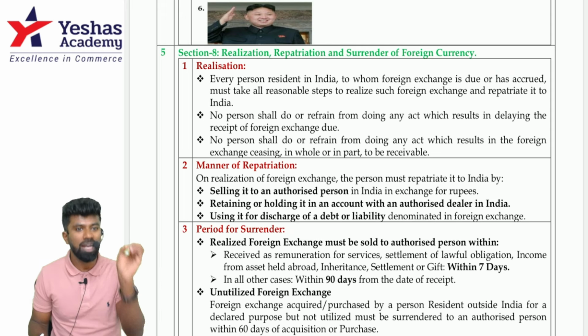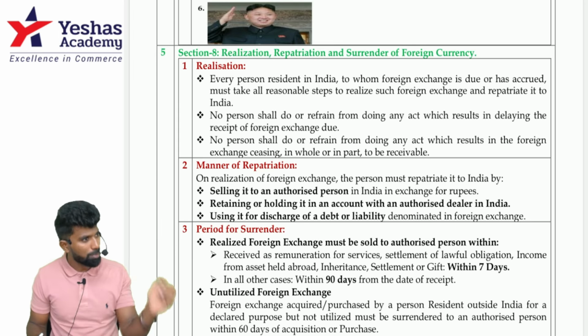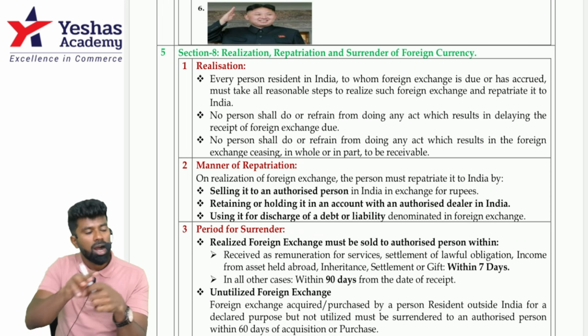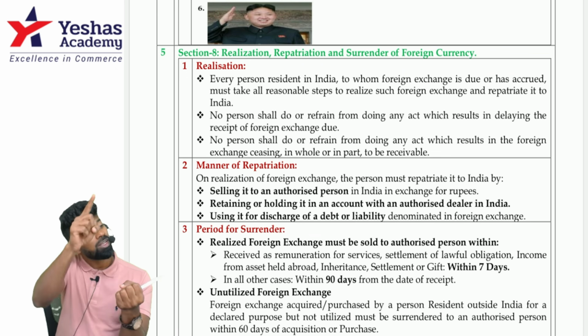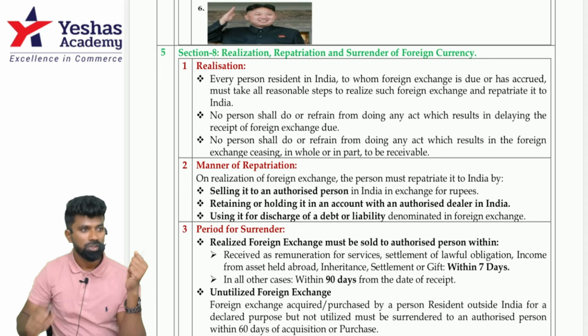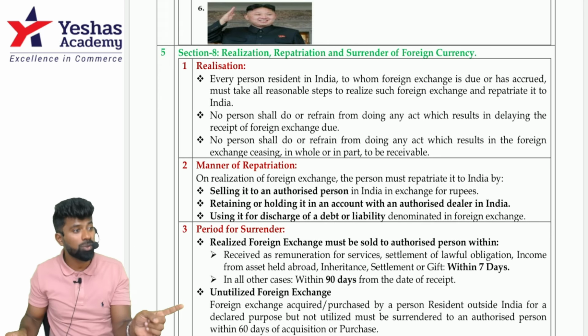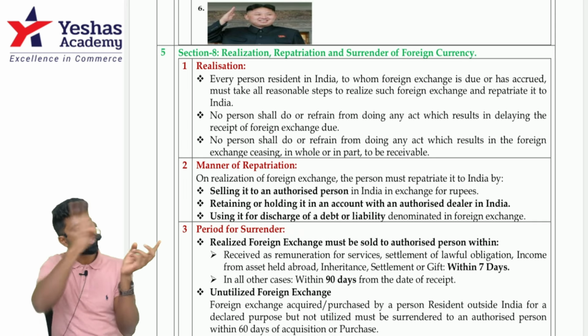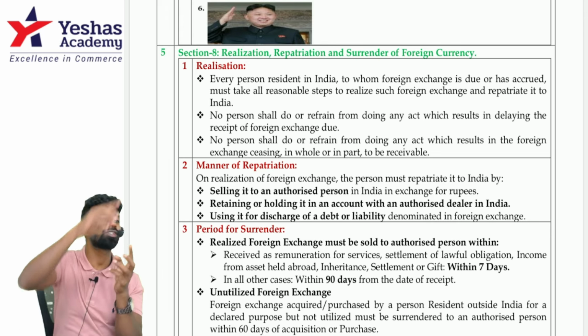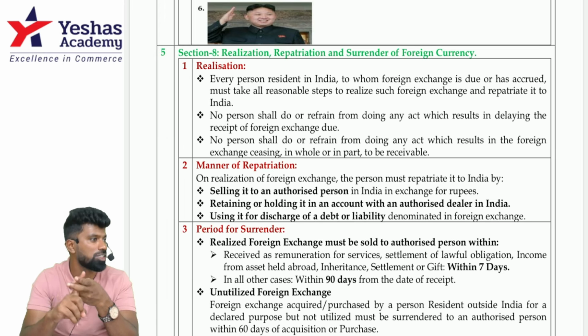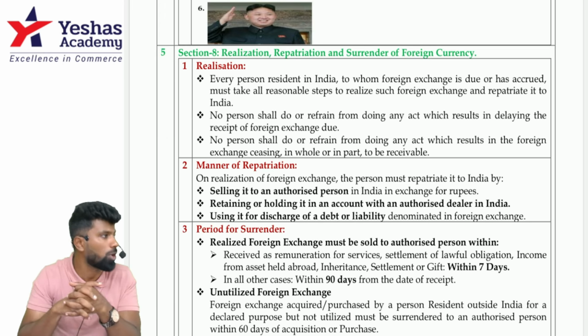You should realize it and bring it back to India, either by selling it to an authorized person, or you can use that money to settle your obligations outside India or to acquire assets outside India. Realization and repatriation is compulsory within the specified time limit. What is the time limit? Seven days, and in a few cases, 90 days.